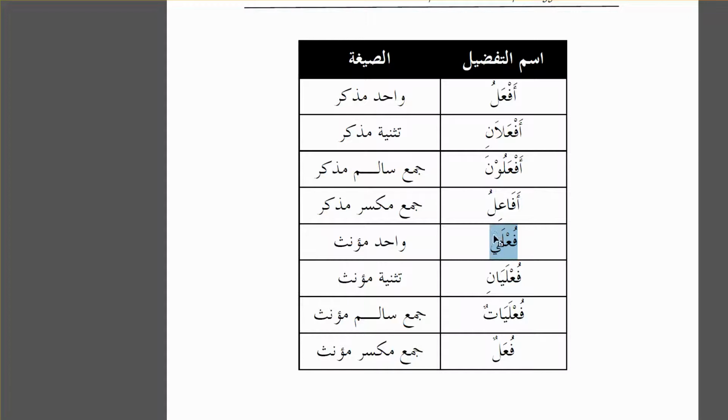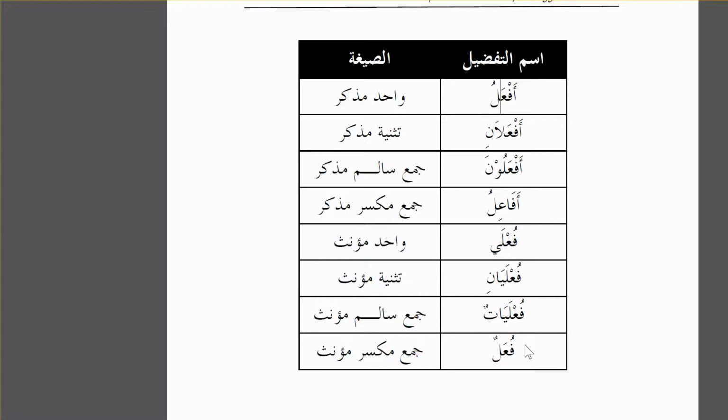This is the mu'annath way of, so kubra. You want to say the greatest feminine something, you would say kubra. Okay, so fu'layani, fu'layatun, fu'alun. So this is the way to say the superlative form, the elative form of these words.